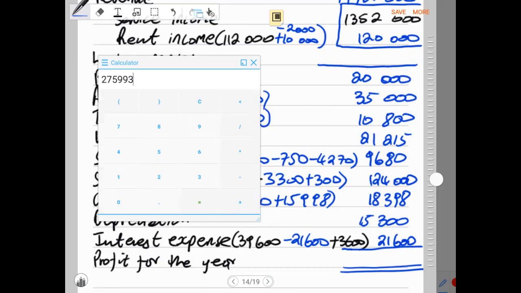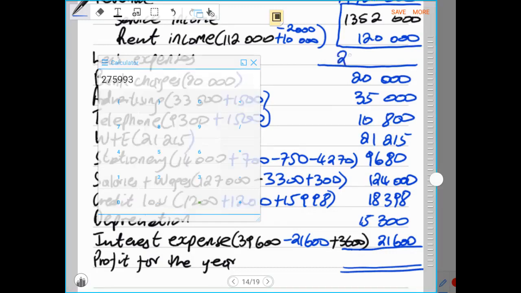Then this will give us 275,993 rand total expenses.